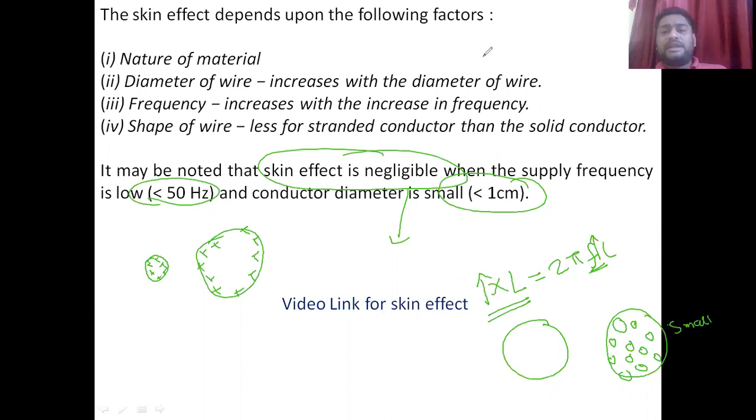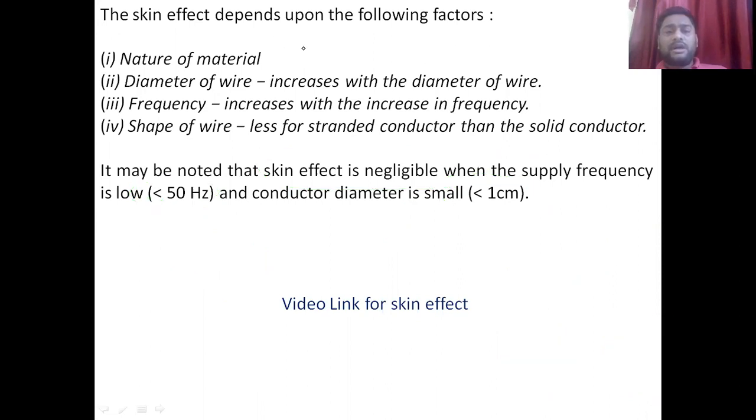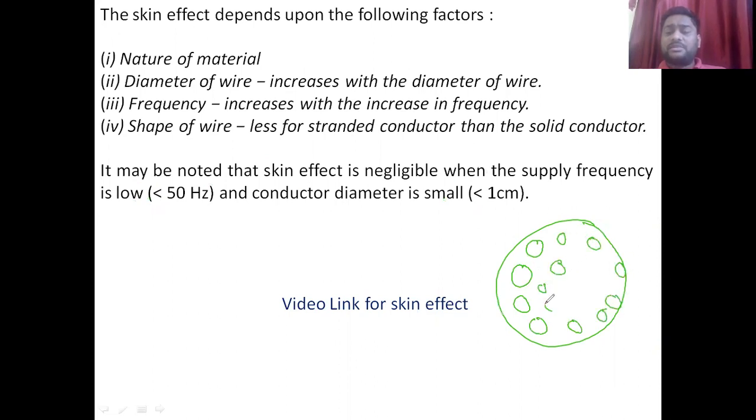What is the reason behind the skin effect? Let us discuss it once again. If a conductor carries current and a number of strands are present inside it, the current flowing in each strand causes magnetic flux lines around each strand. Those flux lines cut the inner portion of the conductor, and the maximum flux lines link with the inner portion.